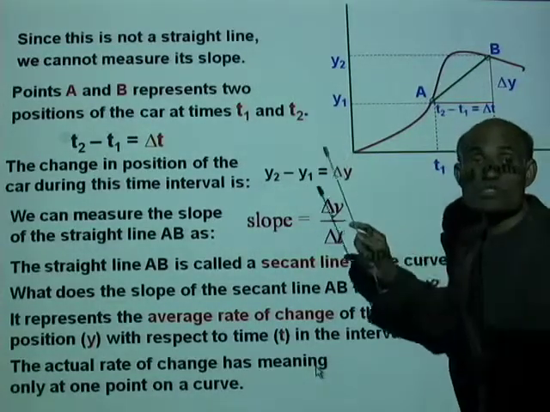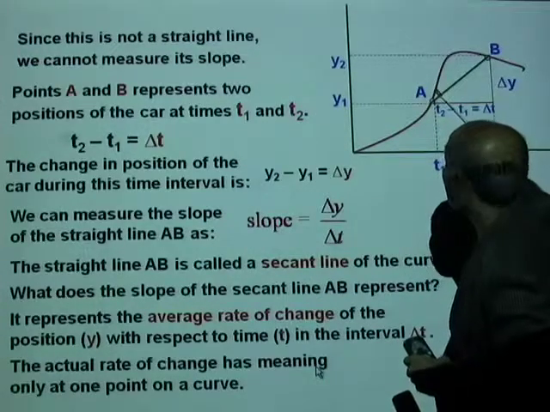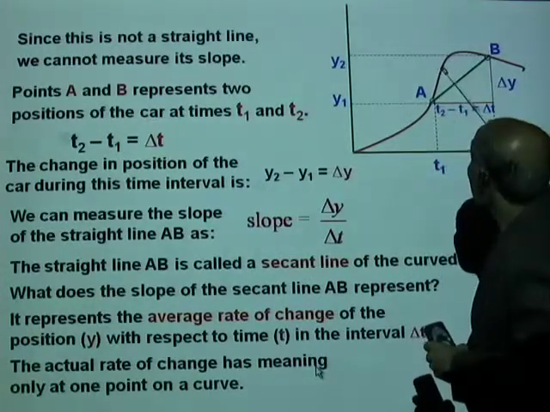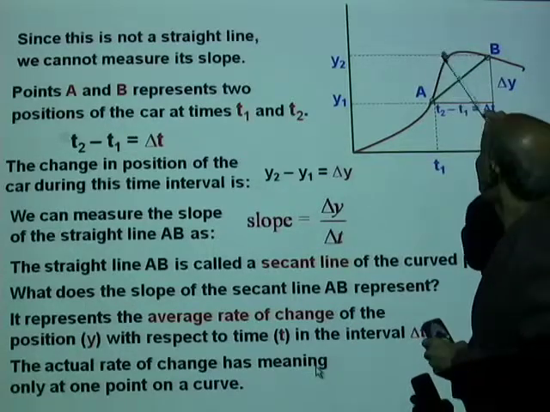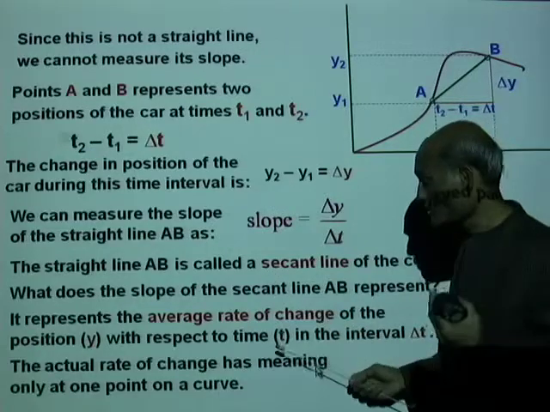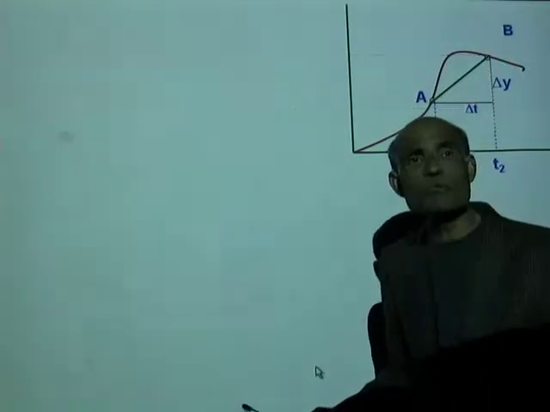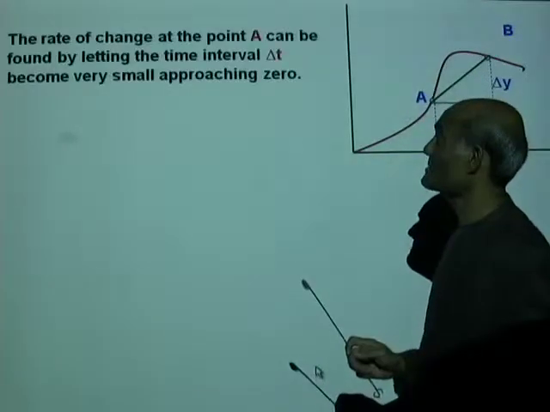What is the rate of change at A? The moment you move to B, the rate of change is different. You move to C, the rate of change is different. You move to another point, the rate of change is different. So the rate of change has meaning only at a given point in such a case.